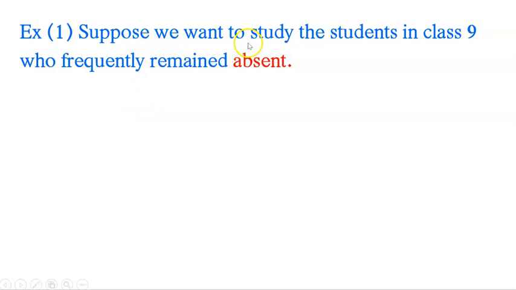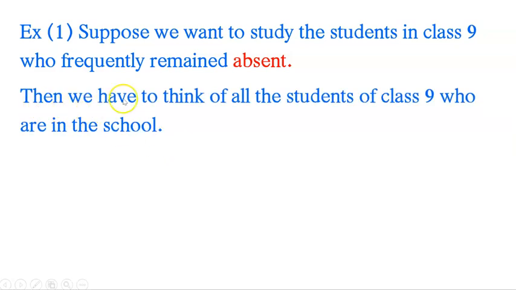Suppose we want to study the students in class 9 who frequently remain absent. असे विद्यार्थी की जे frequently absent असतात 9th क्लासचे. Okay. Then we have to think of all the students of class 9 who are in the school. आता या ठिकाणी सर्व नववीचे जे काही स्टुडंट्स असतील, नववीच्या स्टुडंटचा हा युनिव्हर्सल सेट होणार. आणि त्यामध्ये students who remained absent, this is a subset of this universal set of class 9.